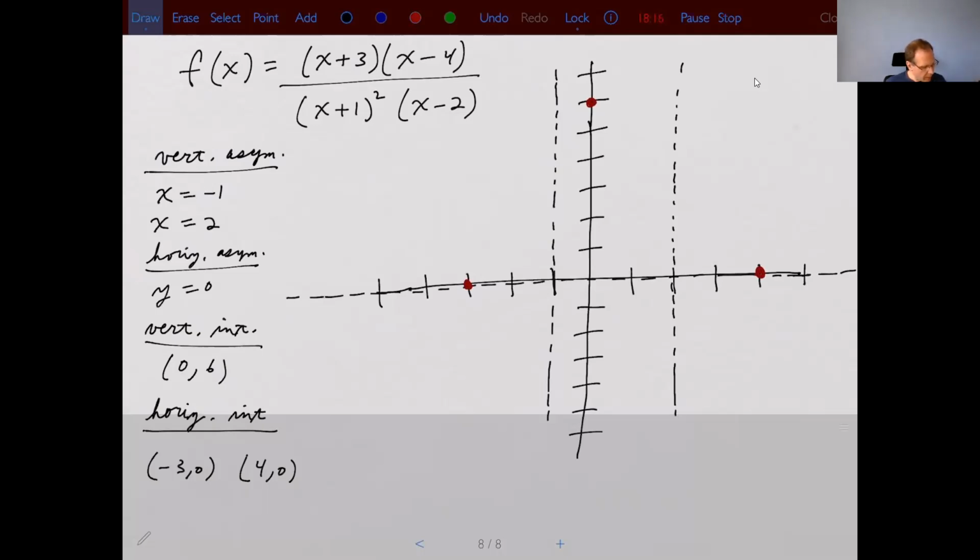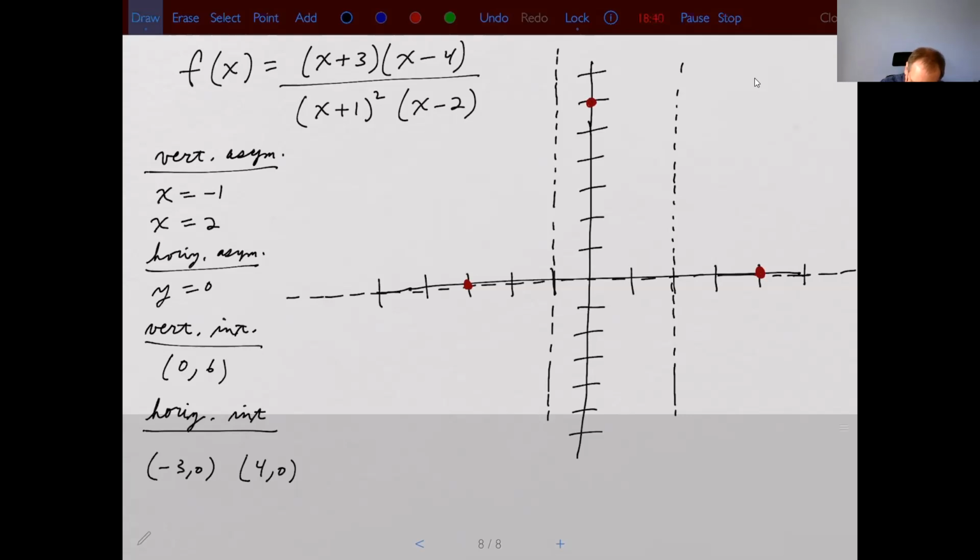Well, I know that the graph has to pass through that vertical intercept of 0, 6. And I know that it can't go through the x-axis in between those two vertical asymptotes, because there's no horizontal intercept there. So the graph must somehow go up.